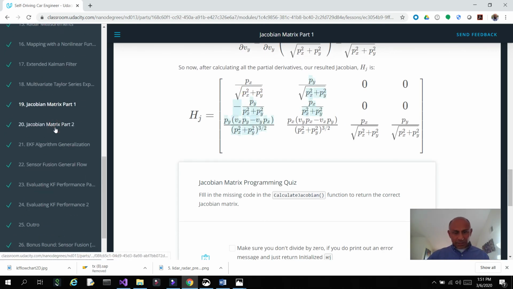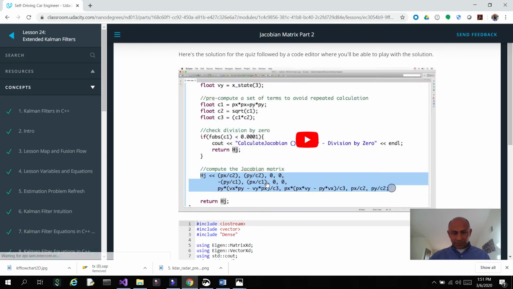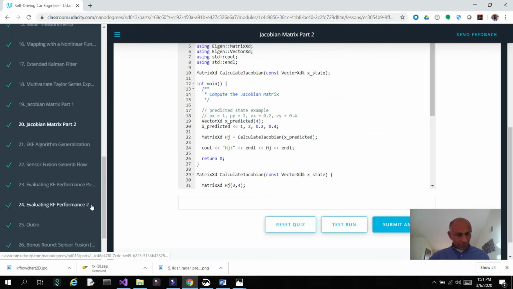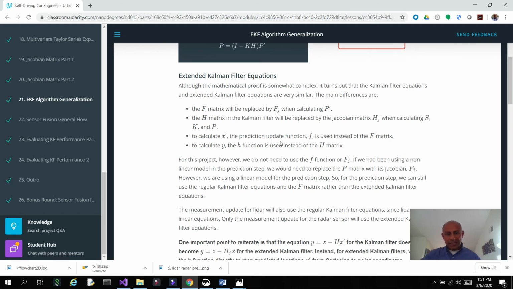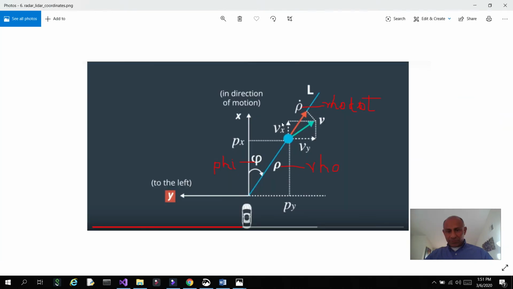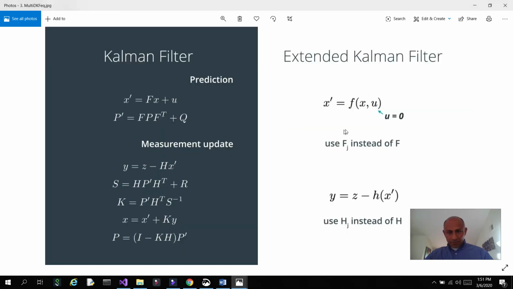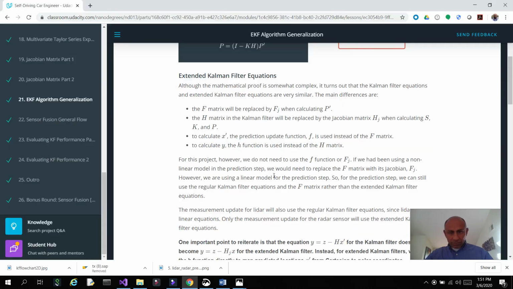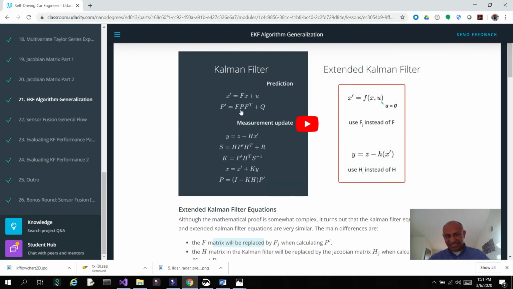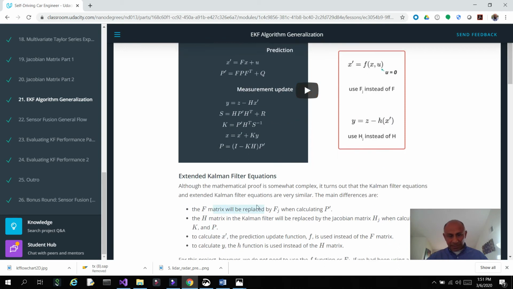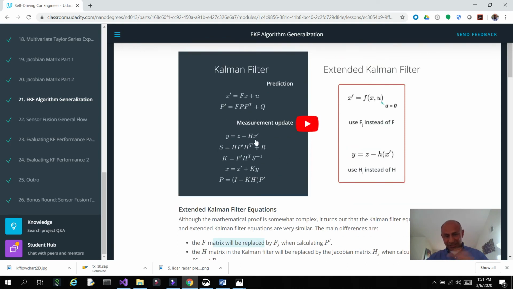Okay, so we're nearing the end of the concepts here. Like I was saying, we're going to toggle between this and this. The F matrix would be replaced by Fj, which we are not going to do because our prediction is also linear. The H matrix in the extended Kalman filter, in the S, K, and P calculations, is replaced by the Jacobian matrix.